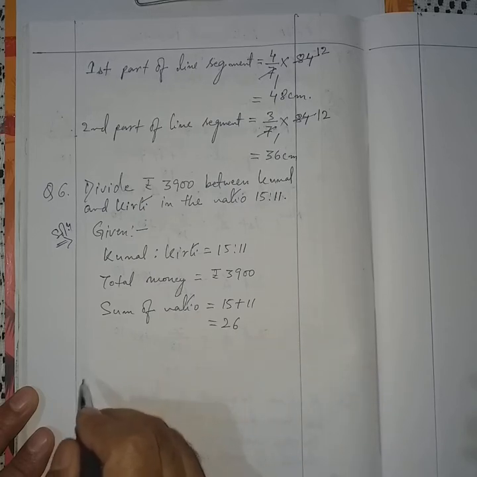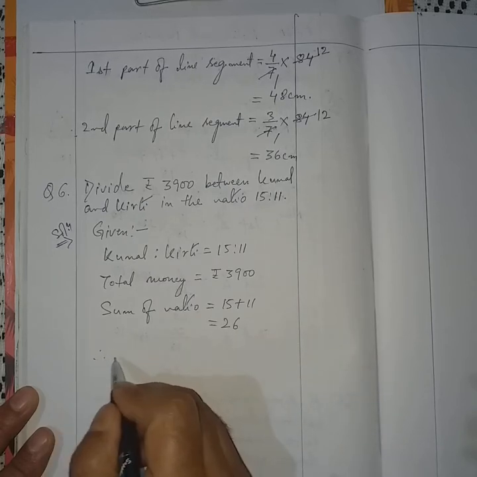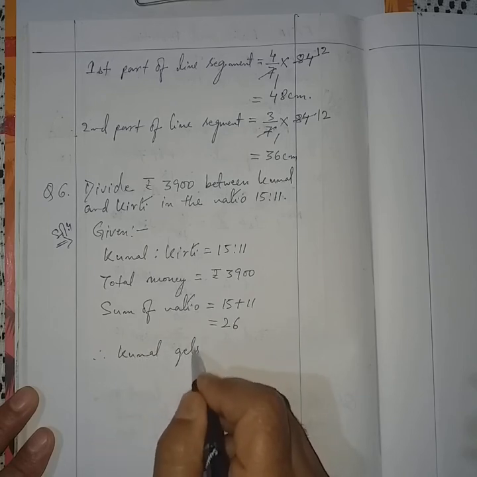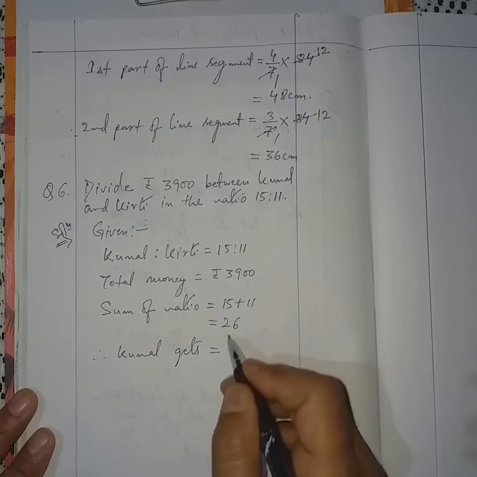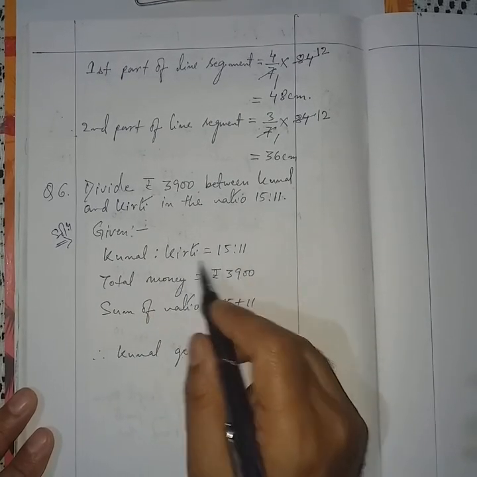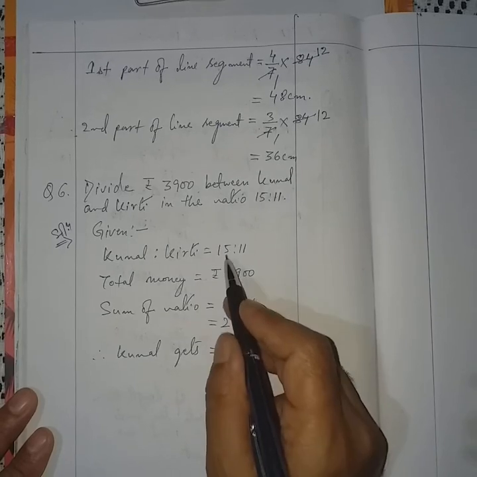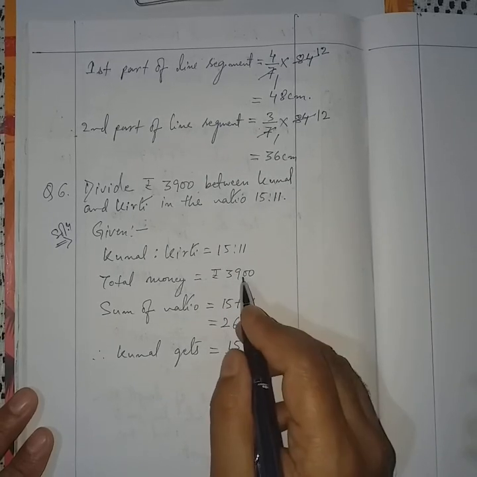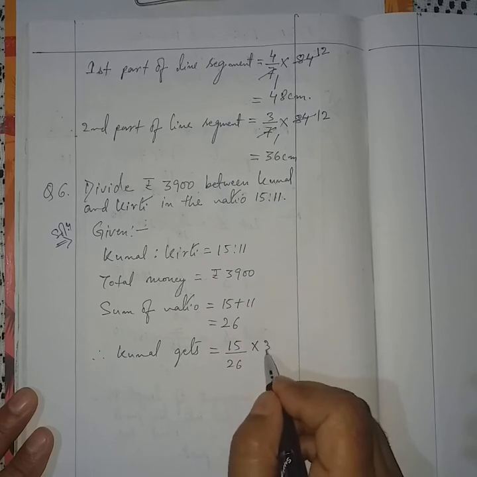Now what do we have to write? Kunal gets how much? 15 is for Kunal and 11 is for Kriti. This is the sum of the ratio. So 15 by 26 and total money is 3900.